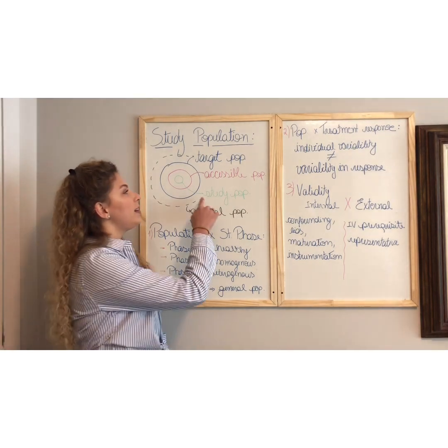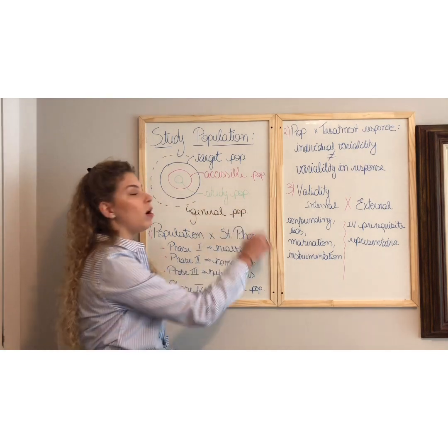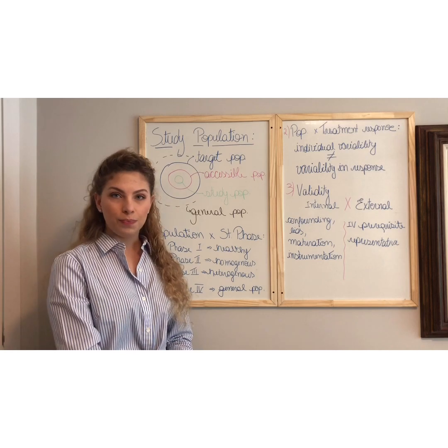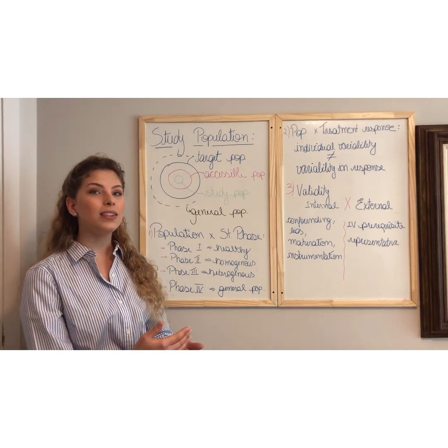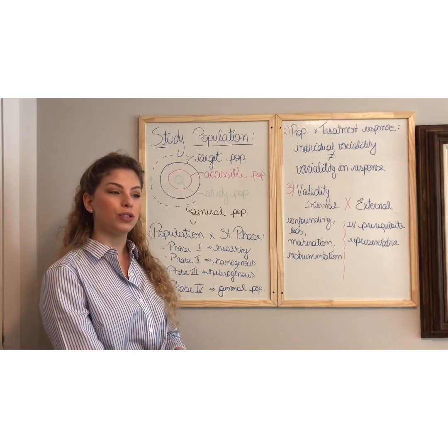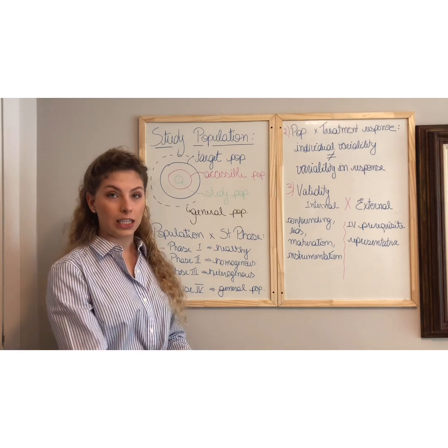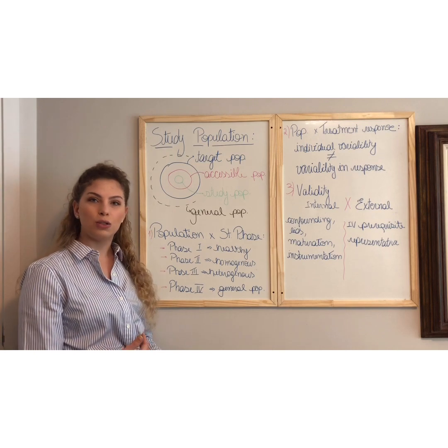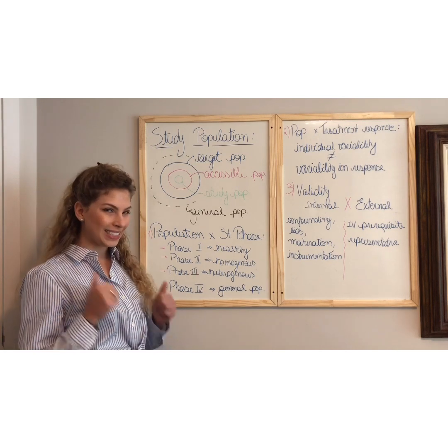So I need a smaller population, which I will call the study population, which are the individuals that I can reach, the individuals that have this baseline covariate that I am interested in, and the individuals that fit all inclusion and exclusion criteria, right?